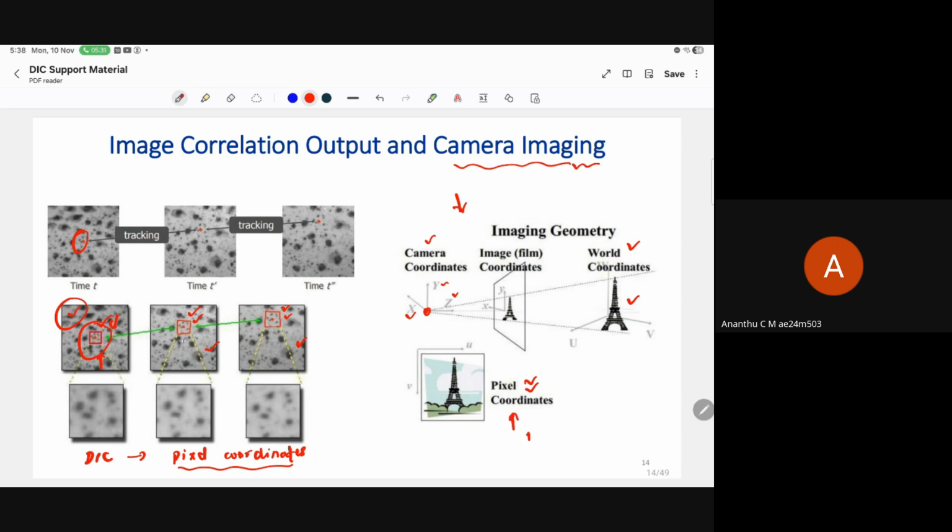So you do the DIC process in pixel coordinates and you get displacements in pixel coordinates. Okay. But what we want to do is go in reverse. We want to go back to the world coordinate system, where the point of interest or whatever object you have will have its displacement in physical coordinates, right? Meter, millimeter, whatever. So we want to convert these pixel coordinates to the world coordinate system or physical coordinates.